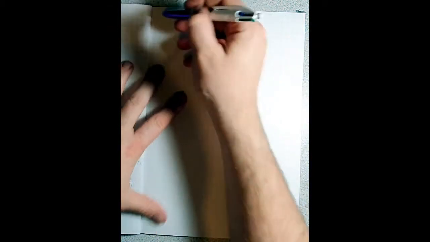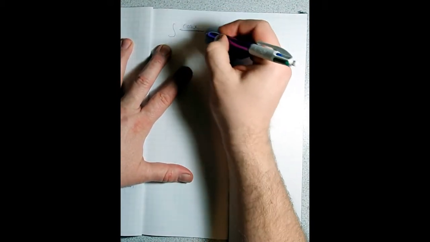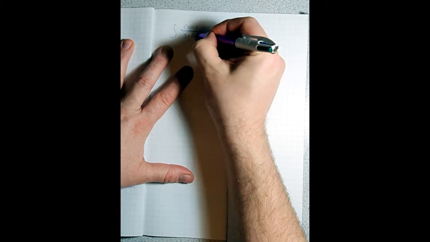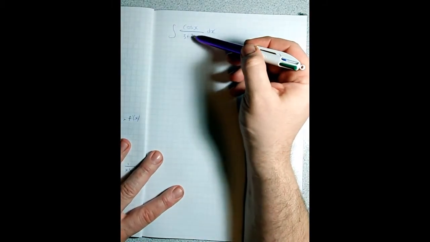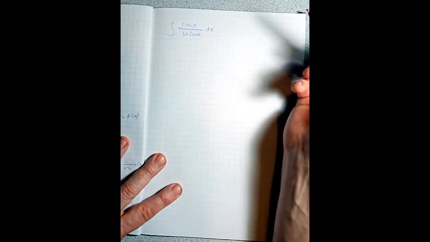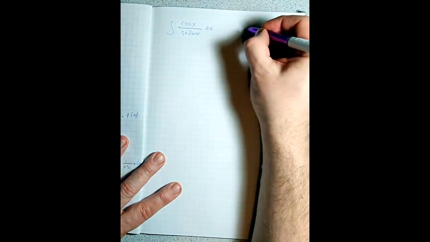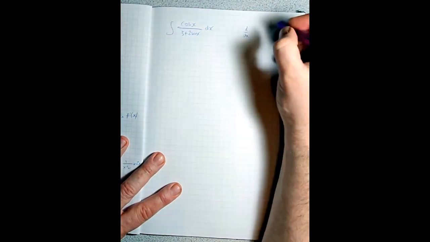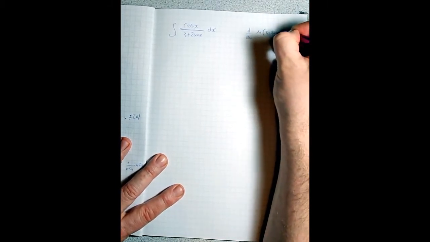And b is the same thing. I'll just have to fix the constant. So the integral of cos x over 3 plus 2 sine x. Well, again, I recognise that the numerator is the derivative of the denominator, because sine x differentiates to cos x. You know, give or take a constant, we can fix things by multiplying by constants. So I'm going to attempt to differentiate the log of 3 plus 2 sine x.